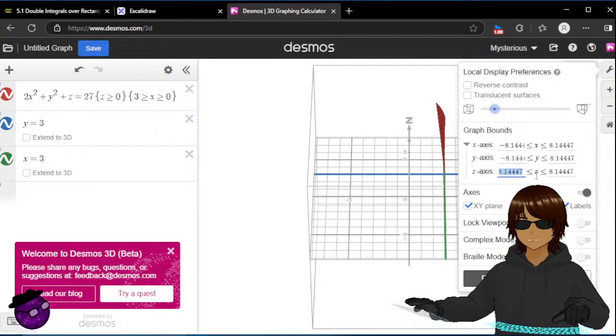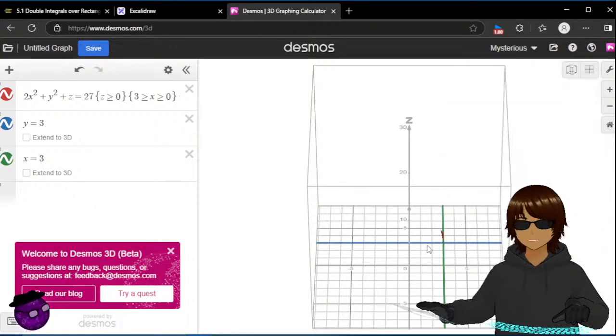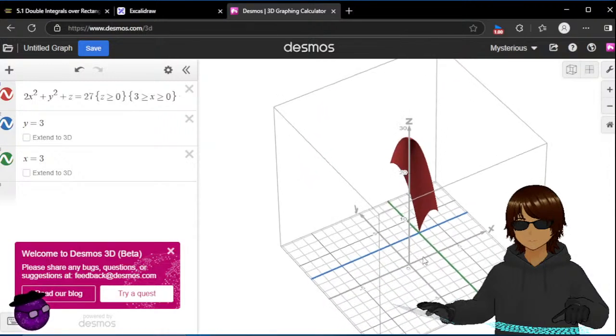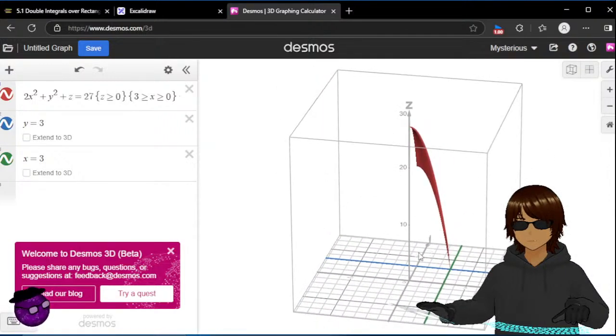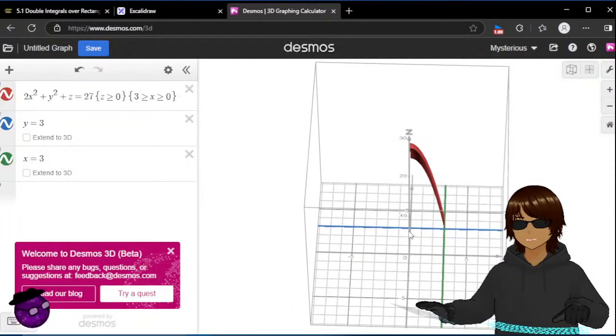And let's change c from 0 to 30. Yeah, so I think what they want is between 3 and 0 on both the x and y.